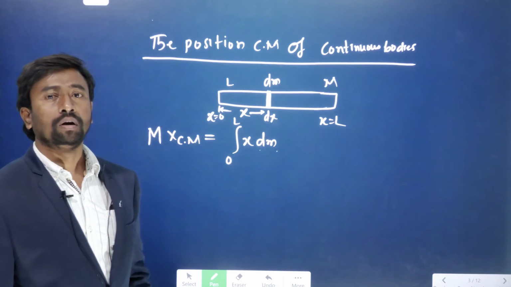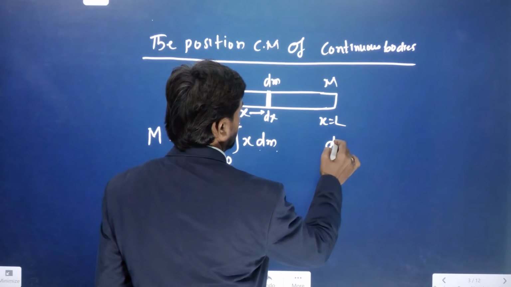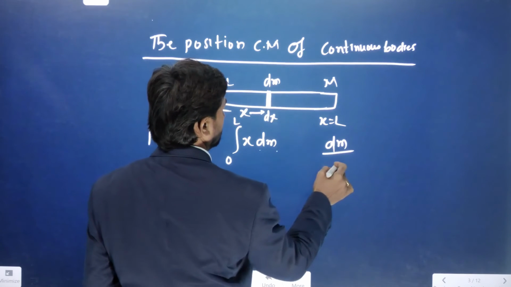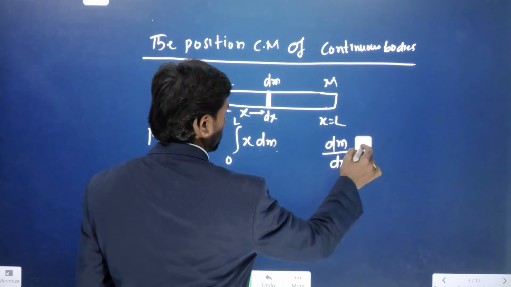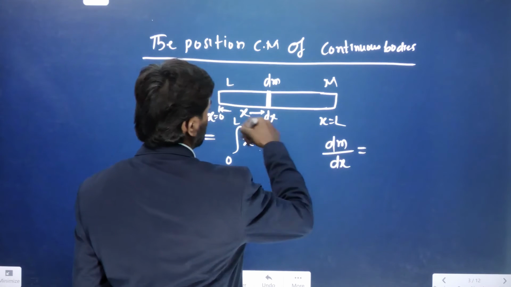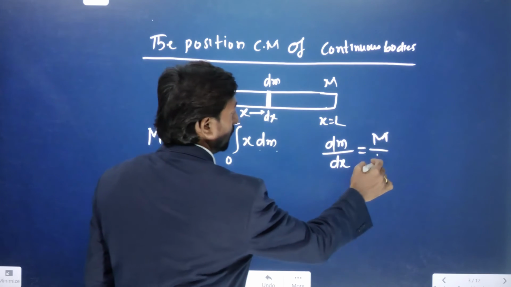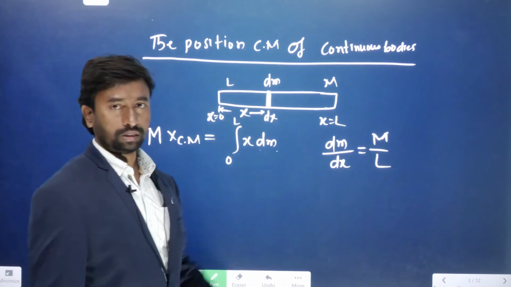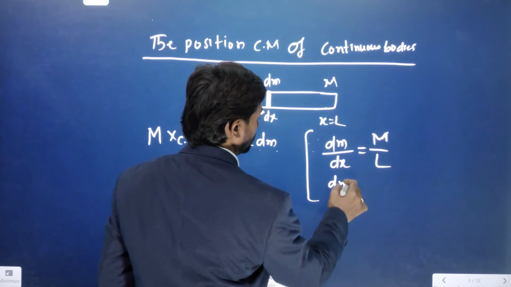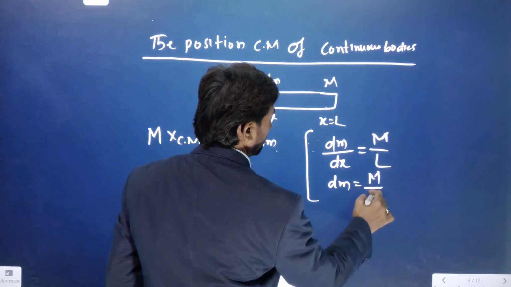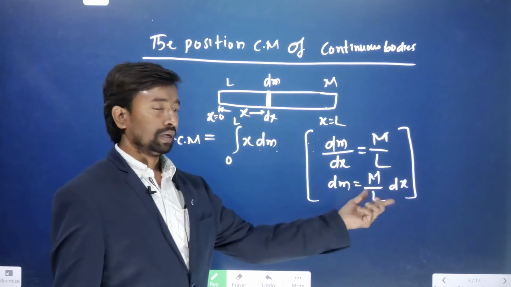For that we will use the linear mass density, which is mass per unit length: dm by dx equals the whole mass, capital M, divided by the length of the rod, L. So dm is equal to capital M by L into dx.